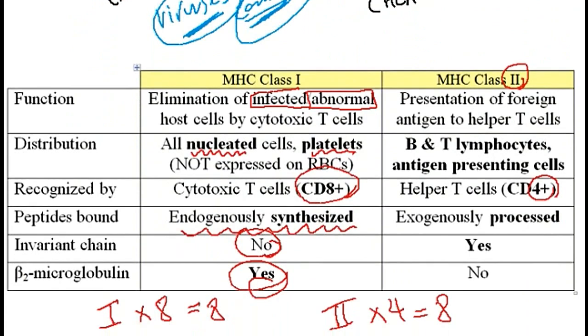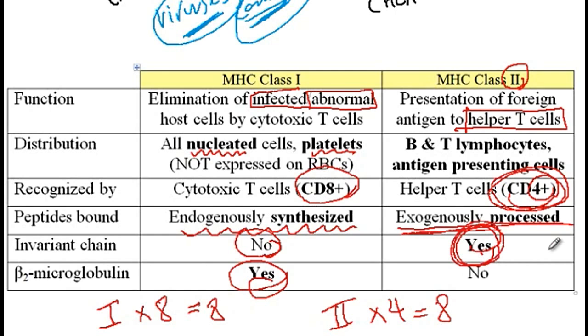MHC class 2, on the other hand, is required for the presentation of the foreign antigen to the helper T cells, which are also known as CD4 positive helper T cells. And this is being done by the antigen presenting cells such as B cells, macrophages, and the dendritic cells. The antigens are being exogenously processed, and there is an invariant chain that is present and is being removed in the endosomes where the pH is low.